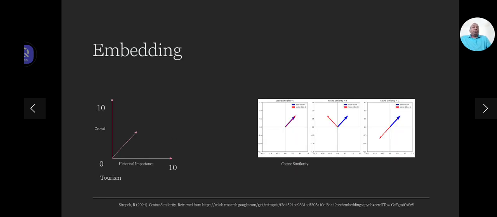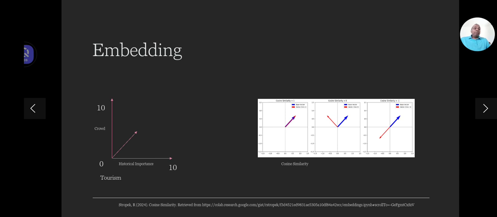Now, to discuss embeddings, take this example. Let's say you ask a few people about one specific tourist location and ask them to rank it from 1 to 10 on cost. What's their opinion?